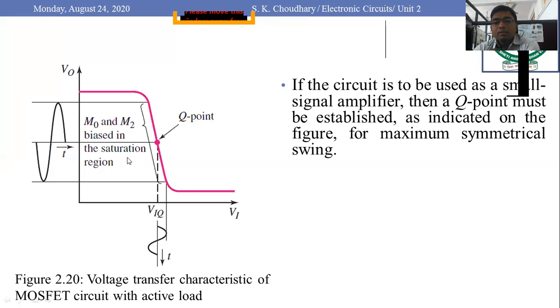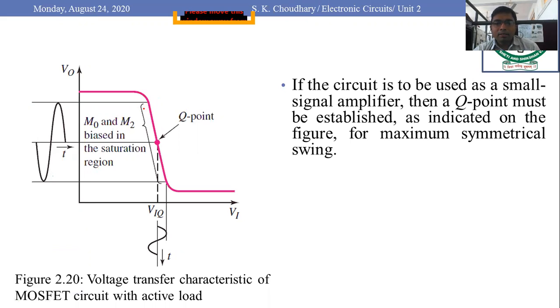So here, similar to the CMOS inverter, two transistors have been taken as a reference. First is the driver, that is M0, an NMOS transistor. Second is the load, a current mirror load, where we have taken M2 as the load device. And in the voltage transfer characteristics, there is a particular region where the slope is formed.